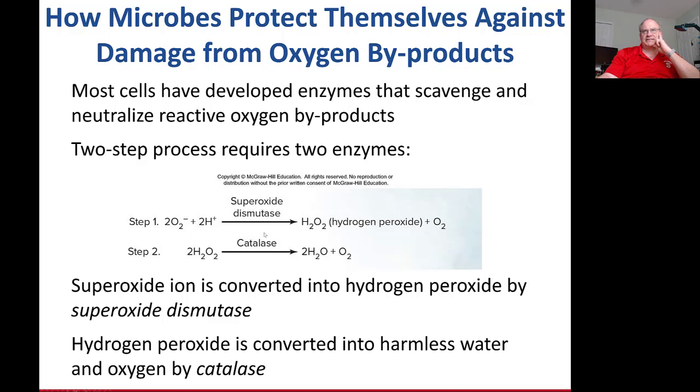So you can see that superoxide dismutase turns the highly reactive 2 O2 minus into H2O2, which is hydrogen peroxide, and catalase will take that even further and break it into water and just regular atmospheric oxygen, which can be diffused, so it's not harmful to the cell. And this is why they talk about antioxidants in your diet and those sorts of things that deal with these oxygen radicals.